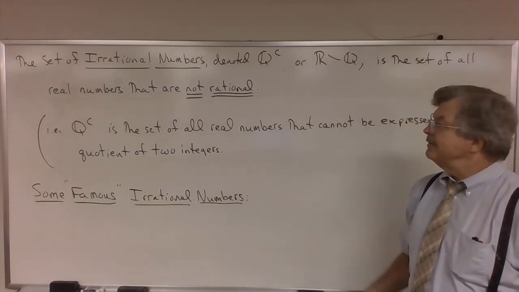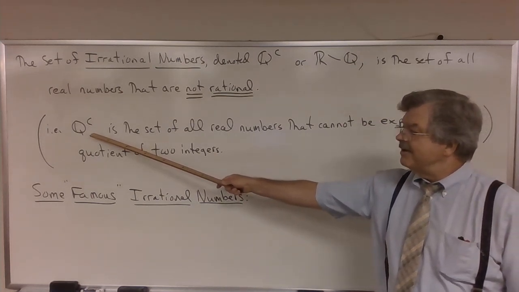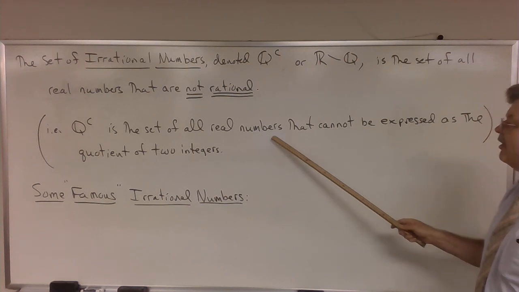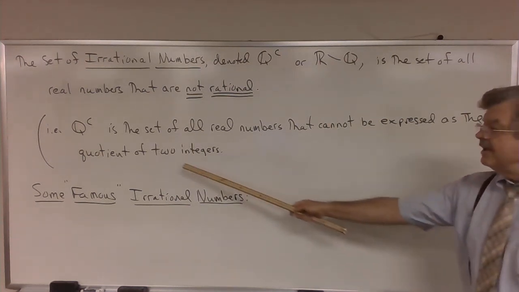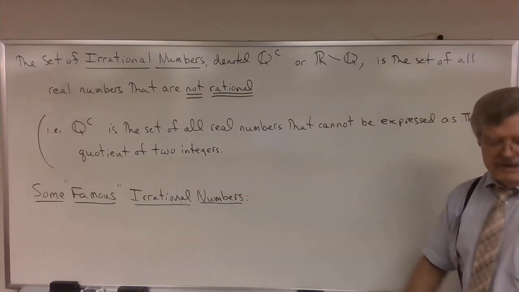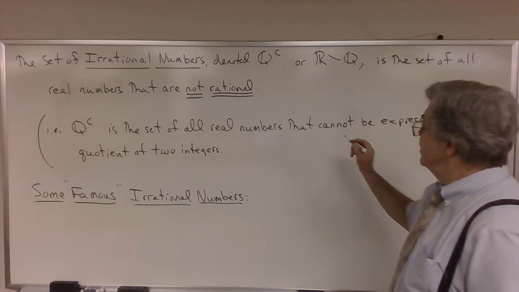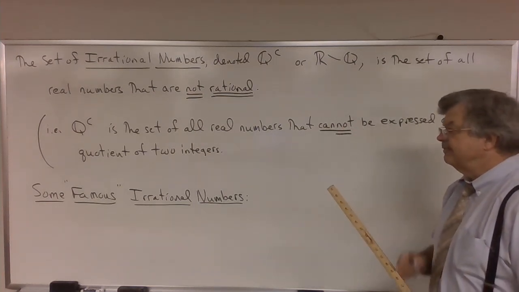Now, an immediate consequence of this definition is that the set of irrational numbers is the set of all real numbers that cannot be expressed as the quotient of two integers. So if a number is irrational, we can't write it as the quotient of two integers.